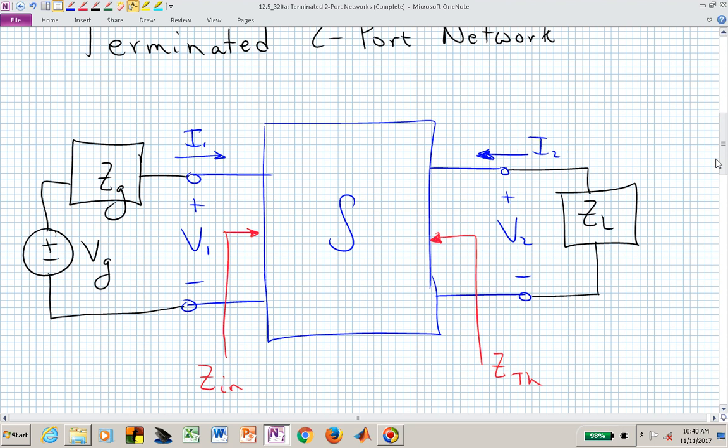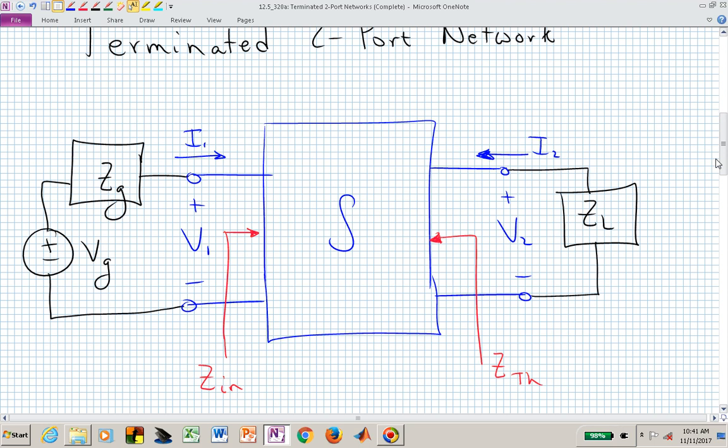And then we have some load connected to the output port, and we're labeling that load as Z sub L. Once we have this source and load connected to our two-port, inside the two-port could be a mess, but we've now parameterized that by 4 different parameters. We've been focusing on Z parameters, but it could have been Y parameters or H parameters.